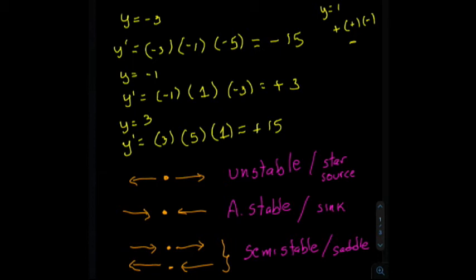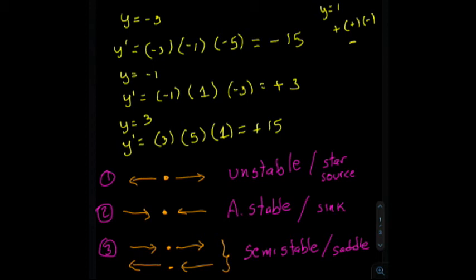So one more time, when we have a point and we have two arrows going in opposite ways, we have an unstable point, like here in part 1. When the arrows point to the point, or they go inward to the point, like in this second example, we have a stable point. And when we have the arrows pointing in the same direction, either both right or both left, we call these points semi-stable.